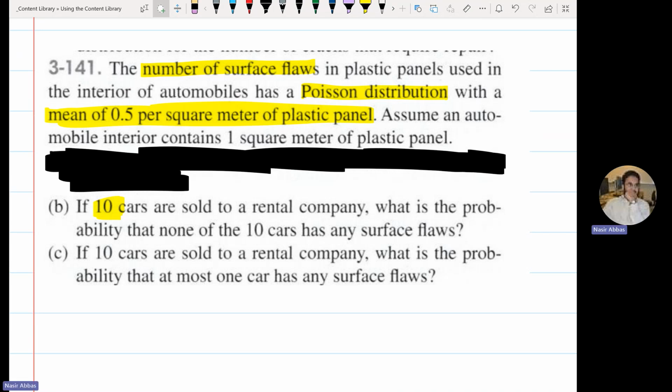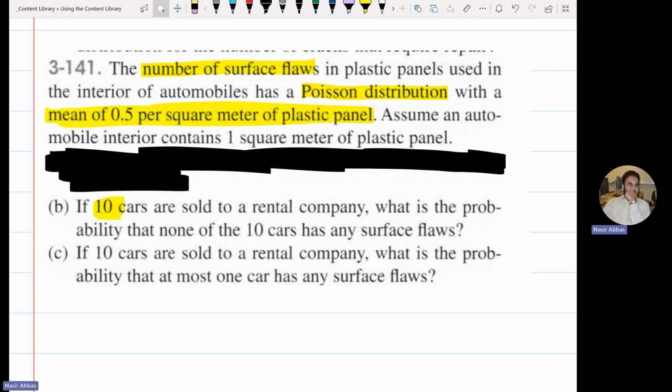This is not t. If I ask you a question about 10 square meters, that's t. I'm asking you about 10 cars. Or let's say another example.